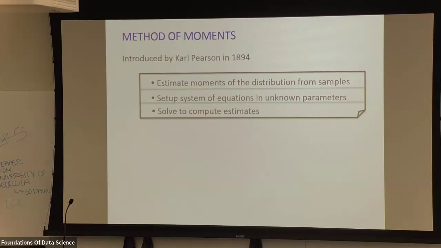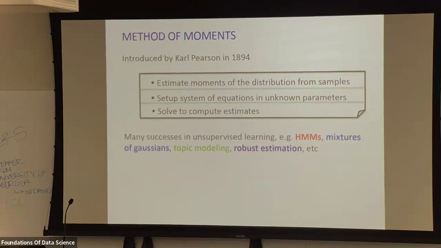And all you do is you follow this simple step. You're trying to learn the parameters of some distribution. You take samples from the distribution to estimate moments. You use those empirical estimates of the moments to set up a system of equations in your unknown parameters. And then somehow you solve those system of equations and try and prove that your estimates are good.